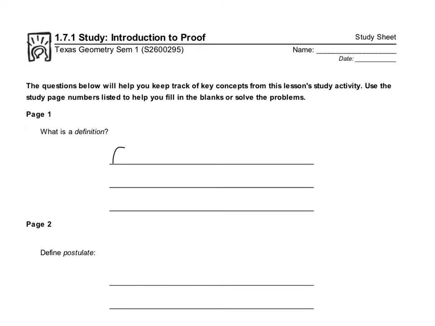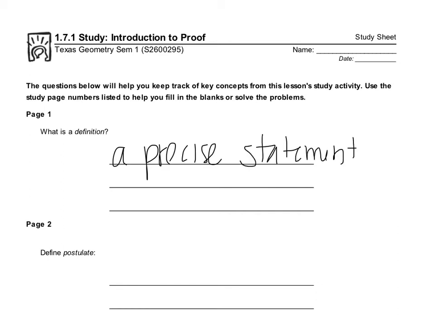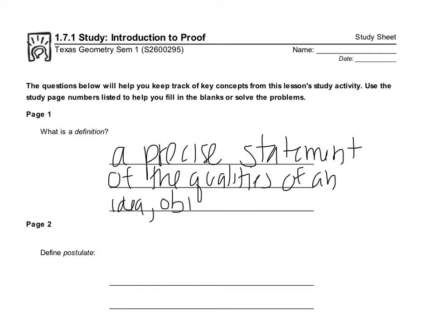A definition is a precise or an exact statement of the qualities of an idea, object, or process. So that's actually what a definition is. It's got to be exact.